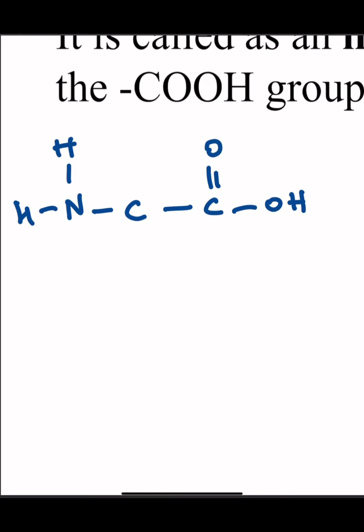If you remember from our courses, this side I'm gonna write in an expanded form here too, OH like this. And we have in here one H and then one R.